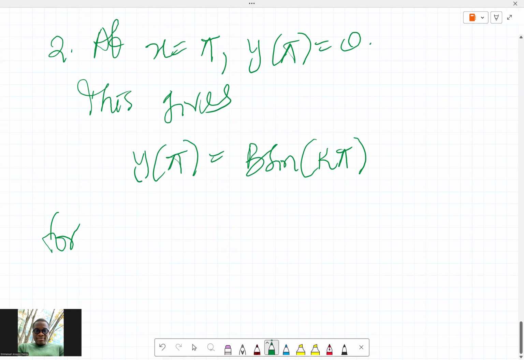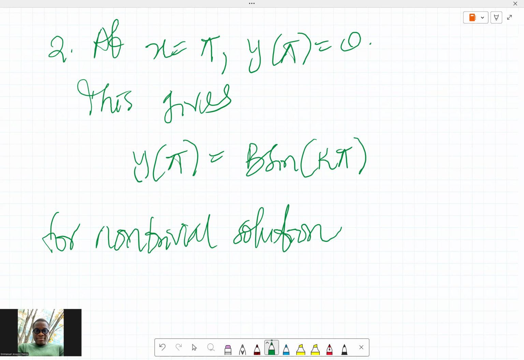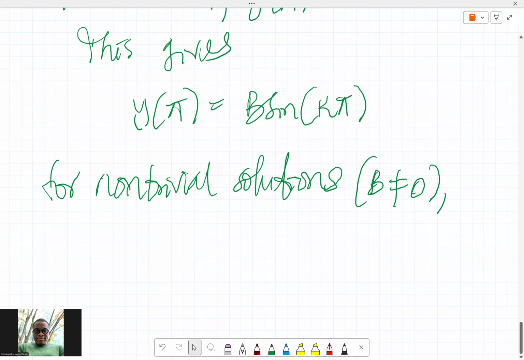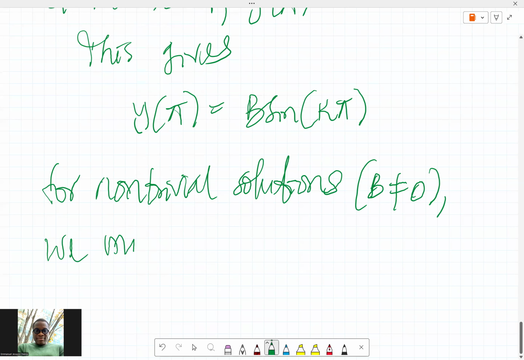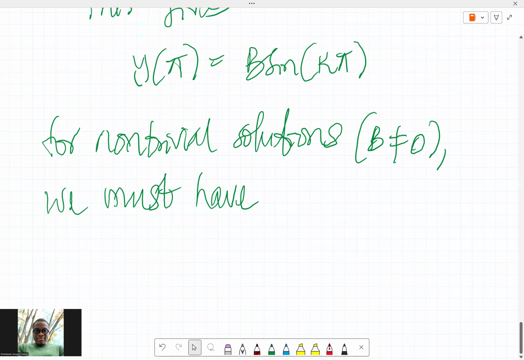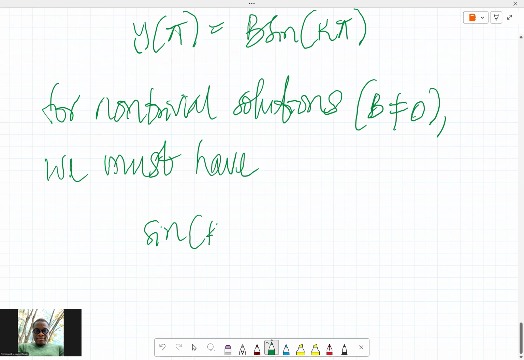So we now say for non-trivial solutions, that's solutions that are not 0, where b is not equal to 0, we must have that sine k pi is equal to 0.